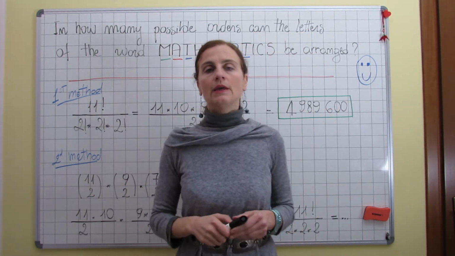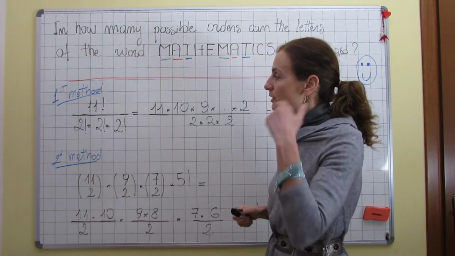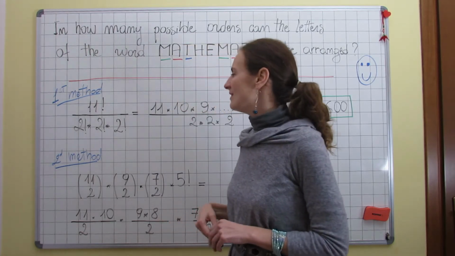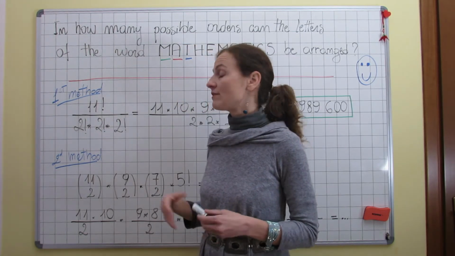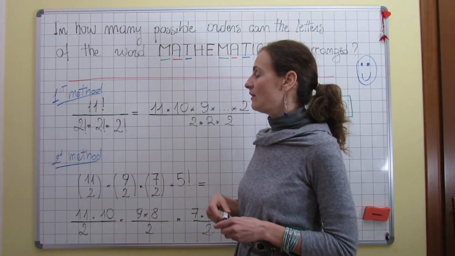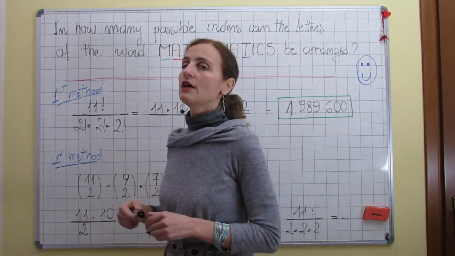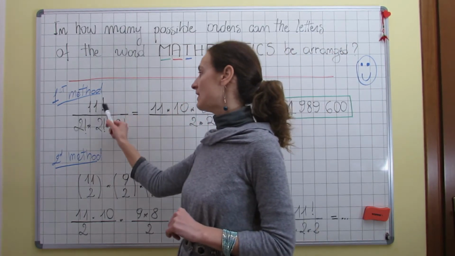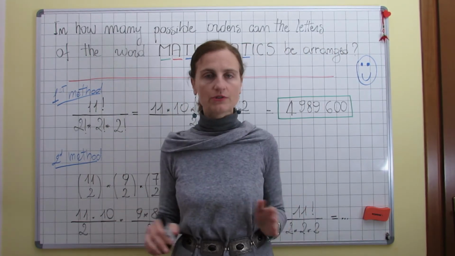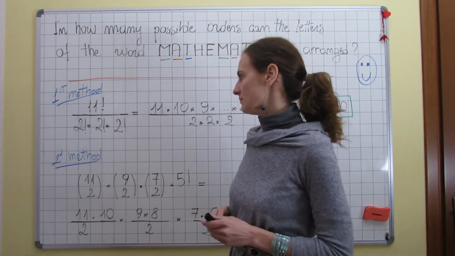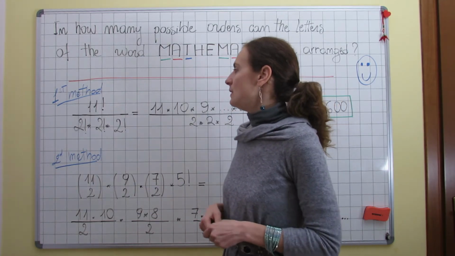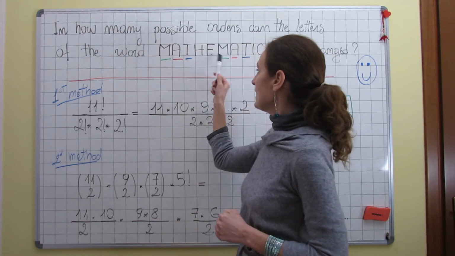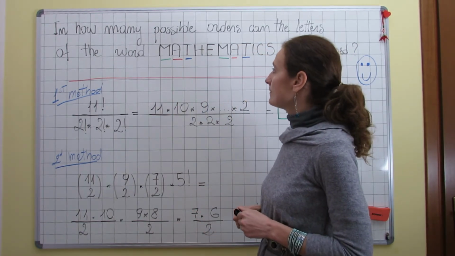And that's all. But if we want to revise the reason why this formula is correct, we can think of the fact that if all the letters were different, you would have 11 factorial permutations, and this is clear. Now, let's suppose that the two M's were different.